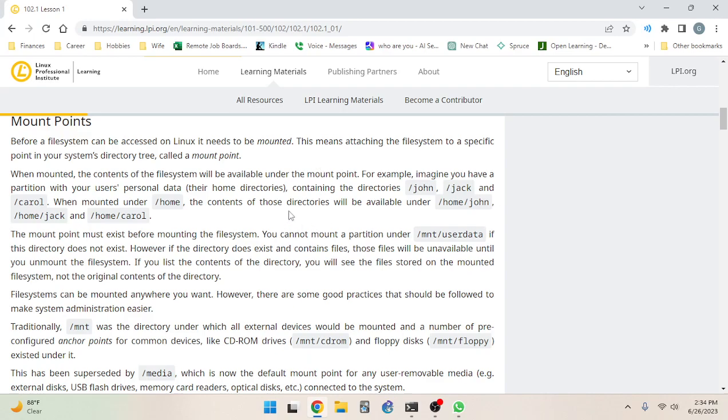For example, imagine you have a partition with your user's personal data, their home directories containing the directories /John, /Jack, and /Carol. When mounted under /home, the contents of those directories will be available under /home/John, /home/Jack, and /home/Carol.